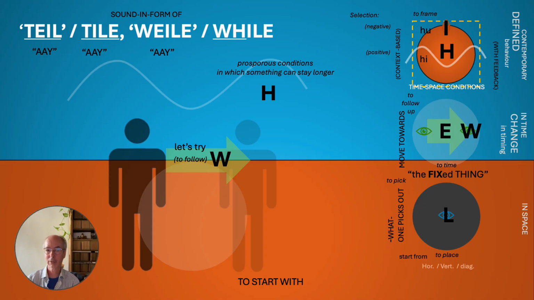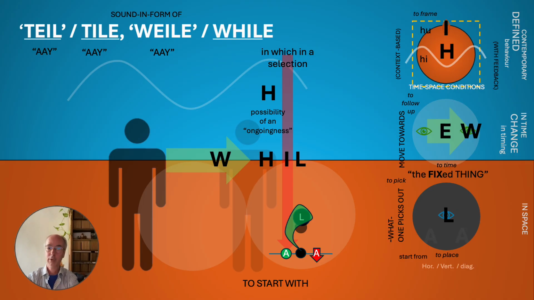H is about all the positive, prosperous conditions in which something, like you have the big wave in the background, is able to stay and continue longer. That's that kind of frame of focus, which you say, okay, but here it can stay a while. So I can continue to give that attention also for a longer time, which again fits well with that while.